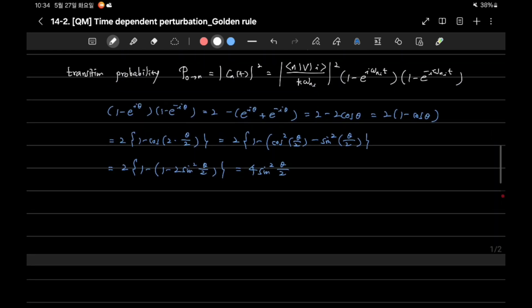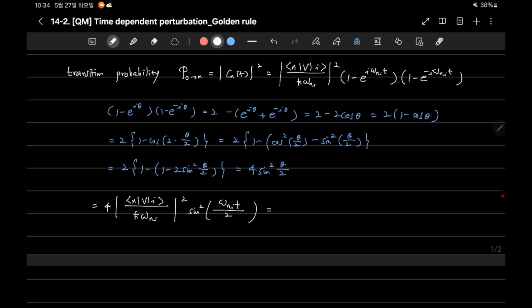So this transition probability becomes 4 |n V i|^2 over h bar omega_ni squared, sine squared omega_ni t over 2.